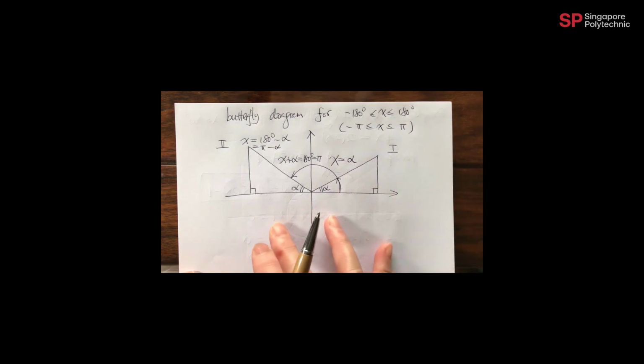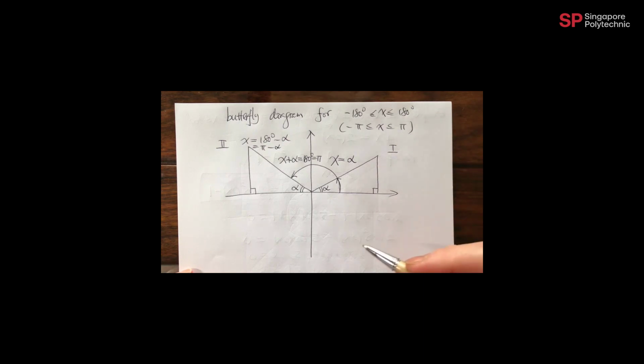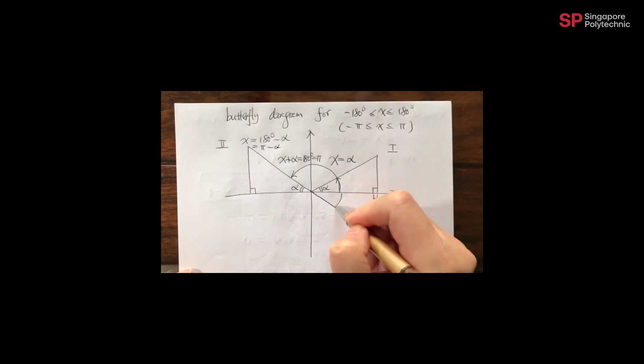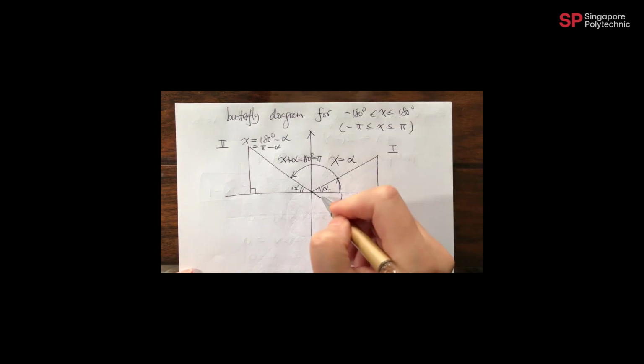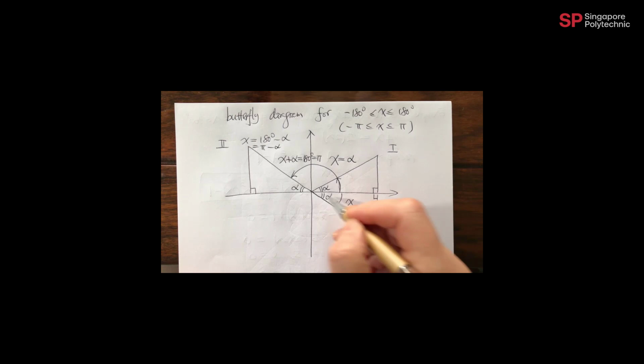Now let's pay attention to these two lower half planes. In order for me to have a negative angle, I must change my rotation direction. So if I rotate the angle clockwise in this way, and this is my angle x, this is still my small acute positive angle alpha that helps me to visualize the opposite and adjacent side in a triangle.